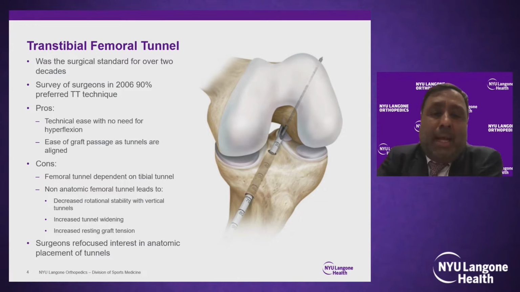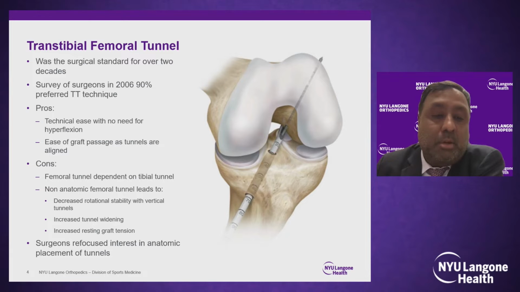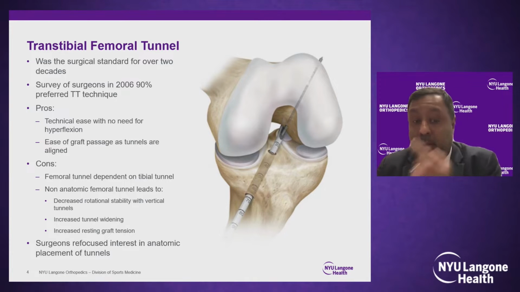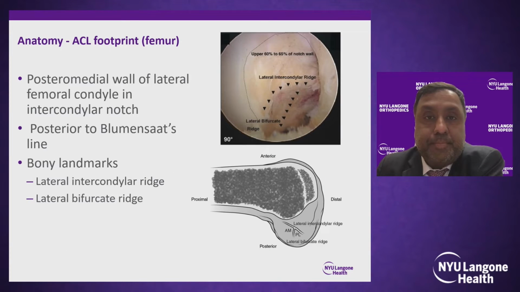These non-anatomic tunnels led to problems such as decreased rotational stability, as seen with vertical tunnels, tunnel widening, and, with anteriorly placed tunnels, increased tension at rest, in flexion. Given these shortcomings, surgeons refocused their interest on anatomic tunnel placement.